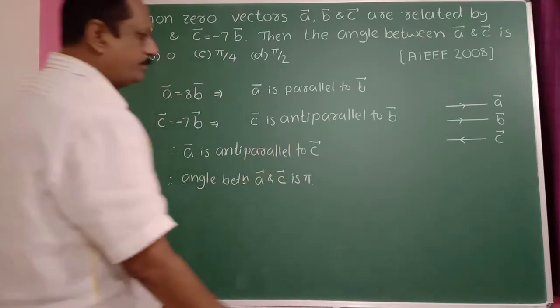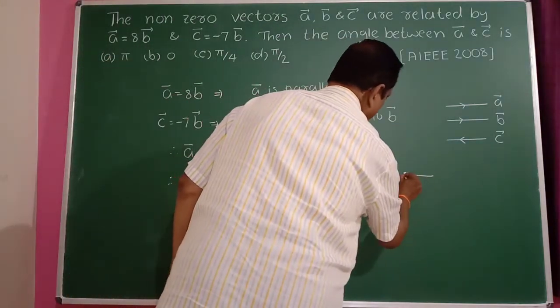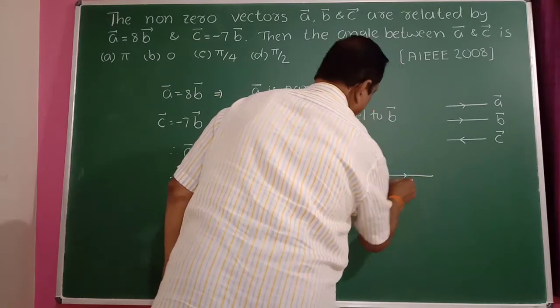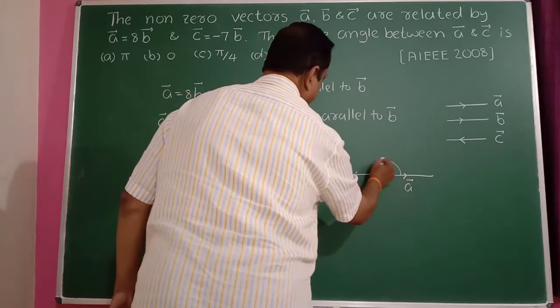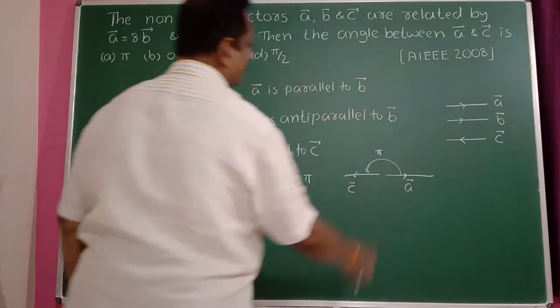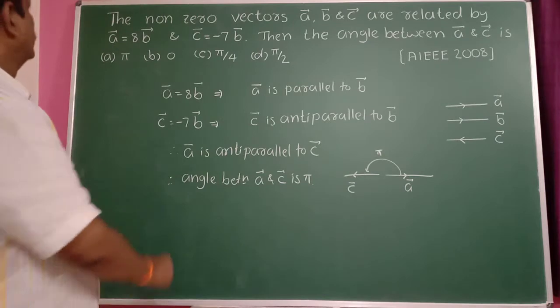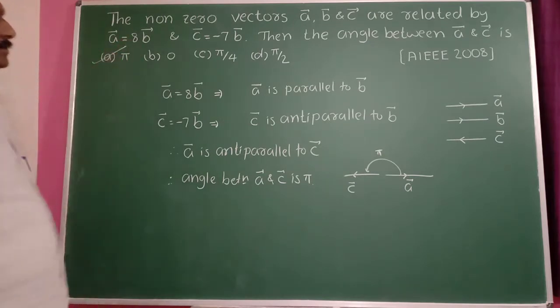Because A bar is in this direction here, and C bar is in this direction, then the total angle is pi. Therefore, first option is correct here.